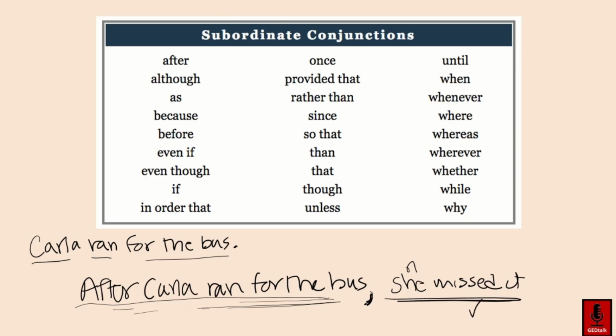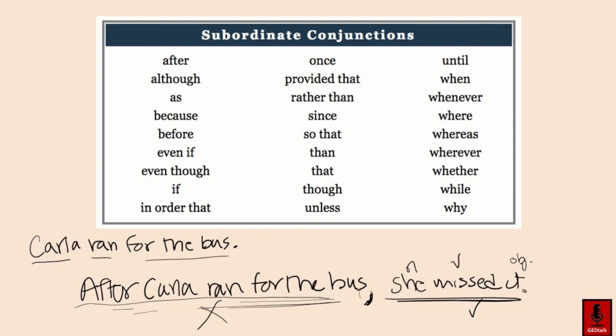Here is my noun, she. Here is my verb, miss. What is my object? It. It is referring back to that bus. So after Carla ran for the bus, dependent clause, cannot stand on its own. She missed it, introducing the independent clause with the dependent, making sure to include that comma.